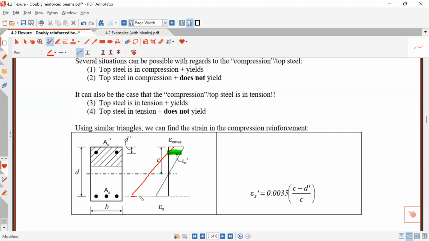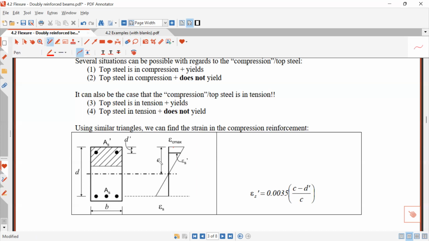In that case, this steel here is actually going to be in tension. Even if it's at the top, it will be in tension. So that's another situation that can happen, and again, you can have the yielding and not yielding situation. So it's very important now to be able to understand the strain diagram, because we need to know what situation we're in, because there are all these different combinations that can happen.